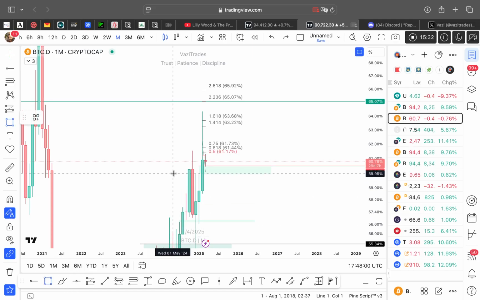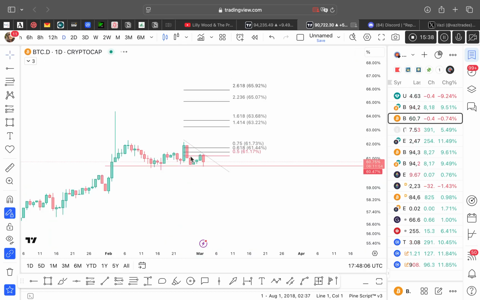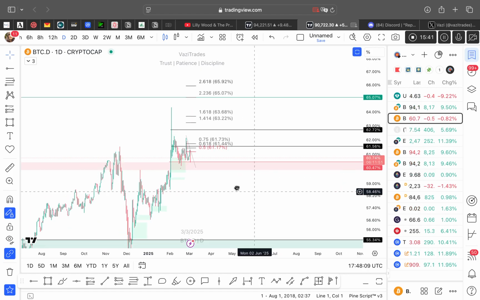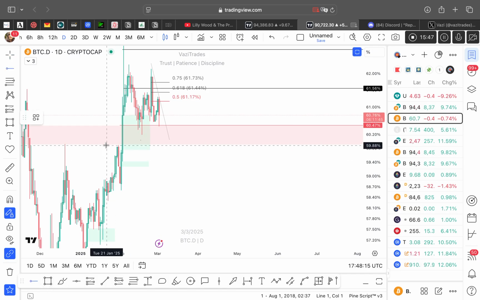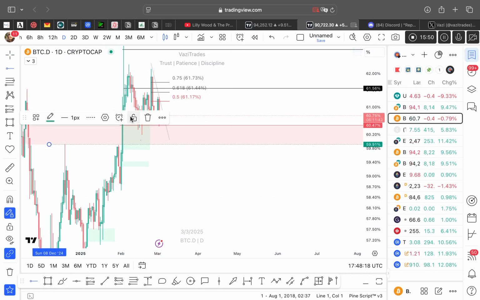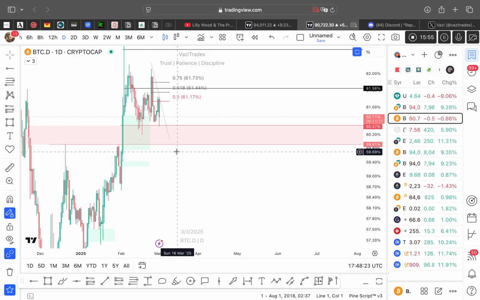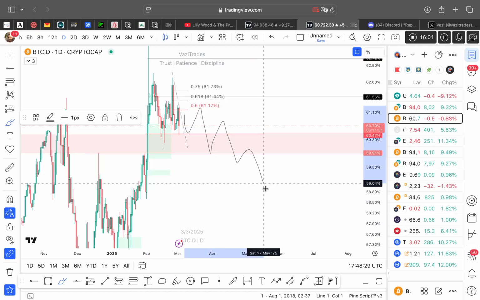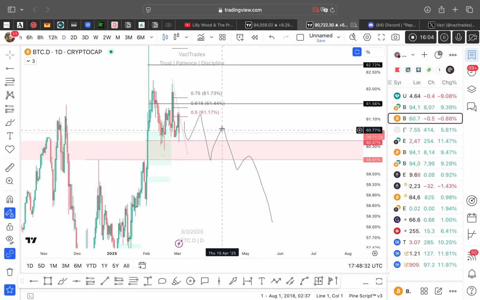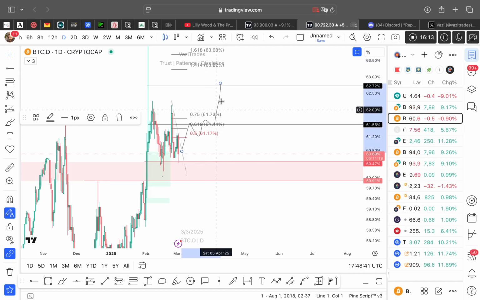I will take a bigger area just in case. So if we want to see the dominance going down, it needs to break below this level. Yeah, this would be more correct. 59.91. Only if we see that. Now it will just chop, then it can give something like this. Otherwise, it may bounce and go back up. And this will be bad for altcoins.